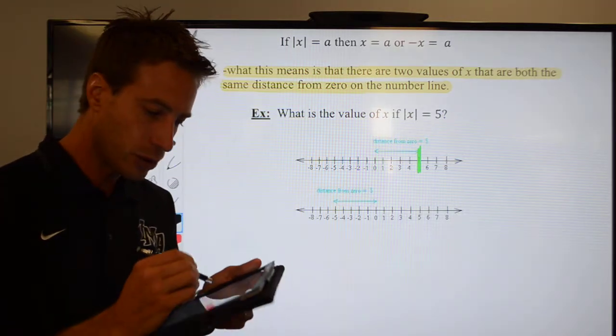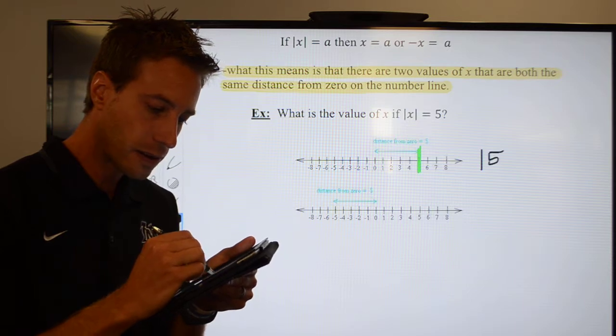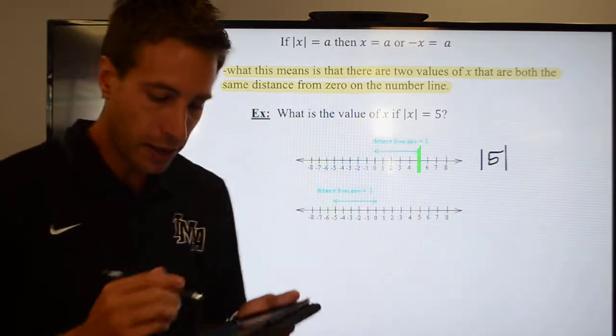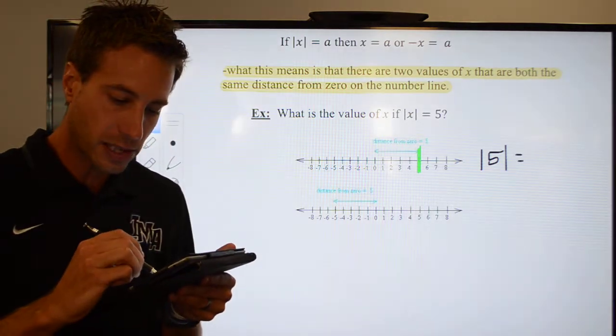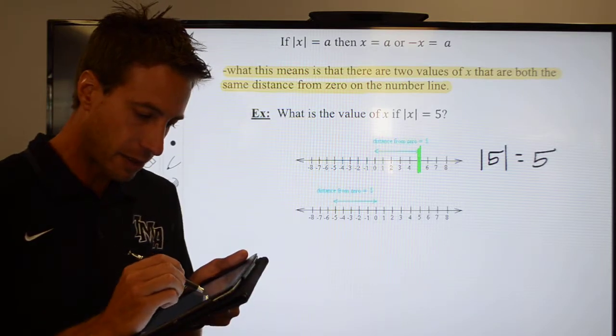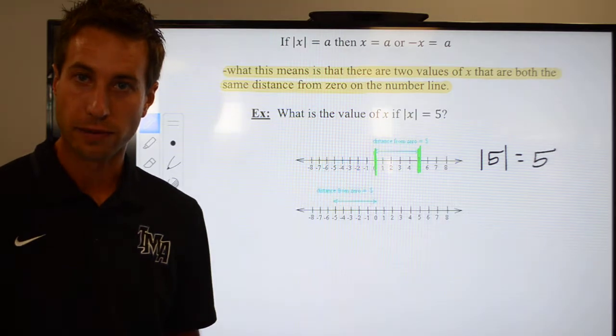So I'm asking you to find the absolute value of 5. Well, how far is 5 from 0? It's 5 units from 0. So the absolute value of a positive 5 is 5. There's 0 right there, and 5 is 5 units away from 0.